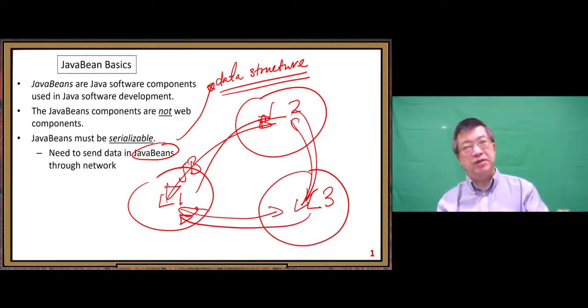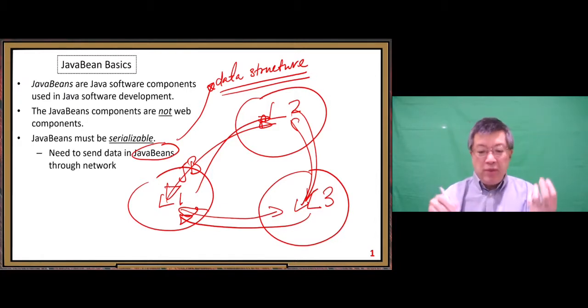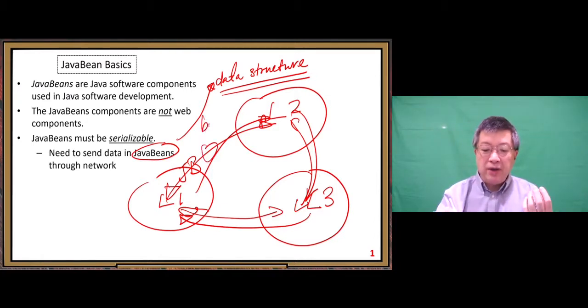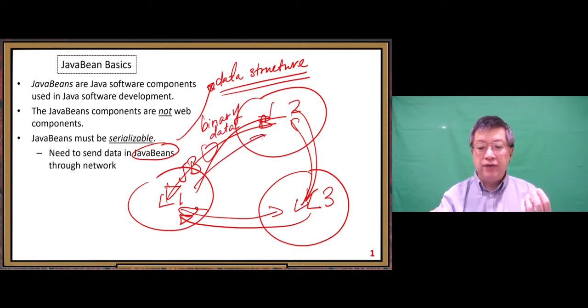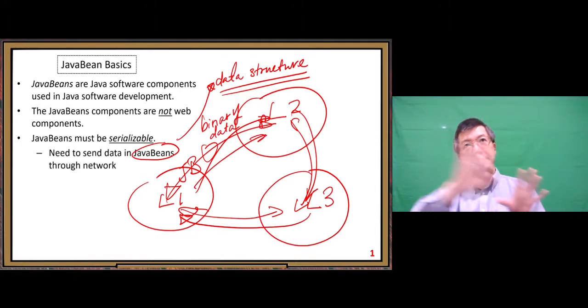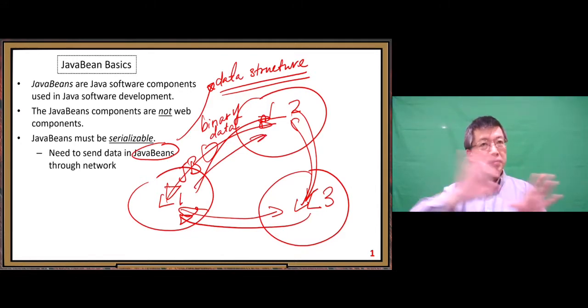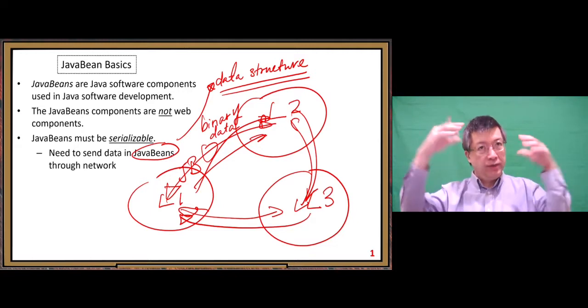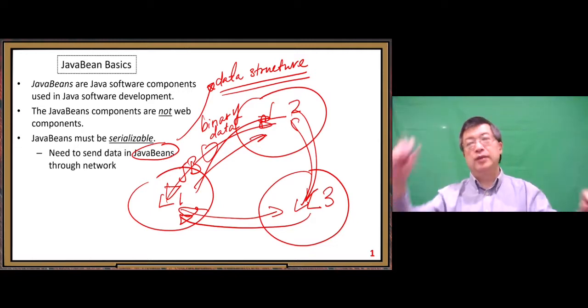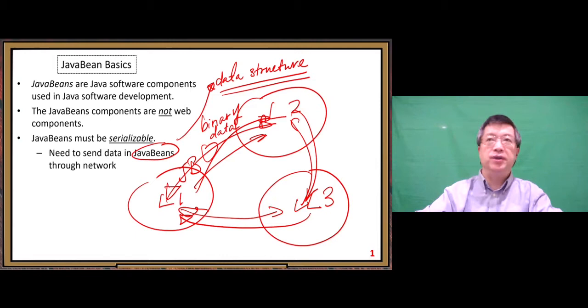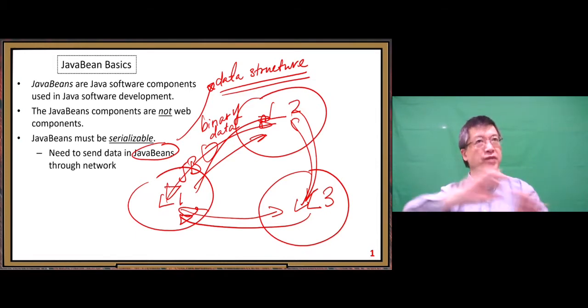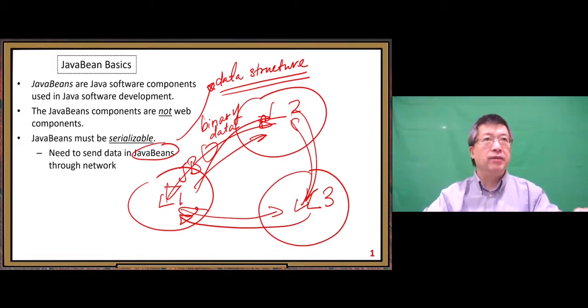You need to consider, we know a JavaBean object is binary data, right? Binary data sent through network connection. Networking, TCP/IP, binary data, the string, that kind of thing.